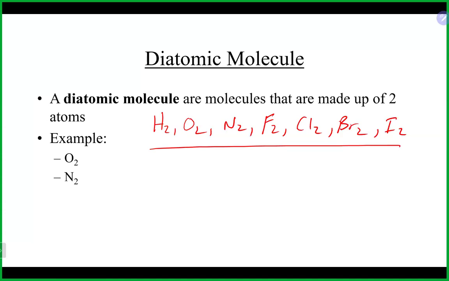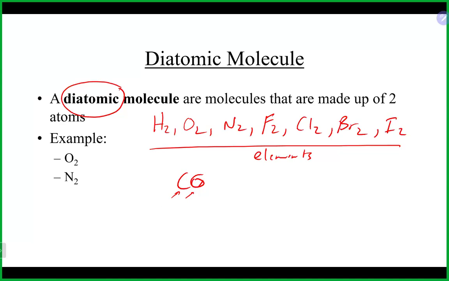A molecule is just two or more atoms together. But a reminder as well that a diatomic molecule is basically just referring to the fact that it has two atoms. It doesn't necessarily mean that it has to be two of the same. These are all elements, but you could have something like CO, which is carbon monoxide, a carbon atom and an oxygen atom.